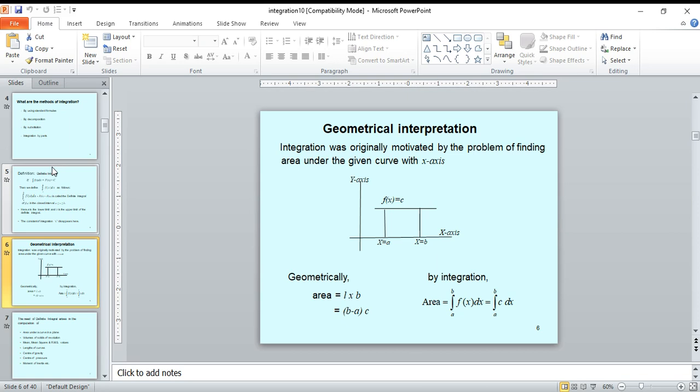Geometrically, the area is length into breadth, that is b minus a into c. By integration, area equals integration from a to b of f of x dx, which is integration from a to b of c dx.